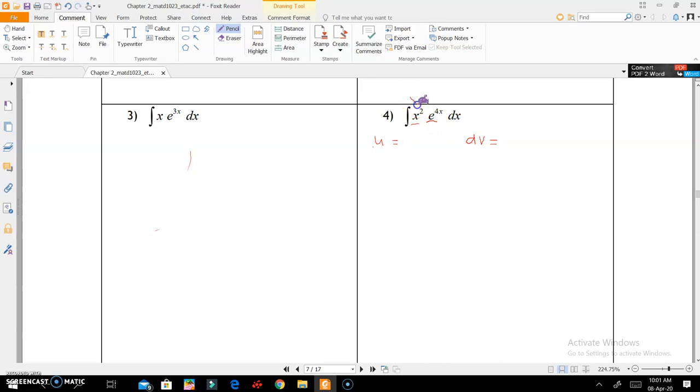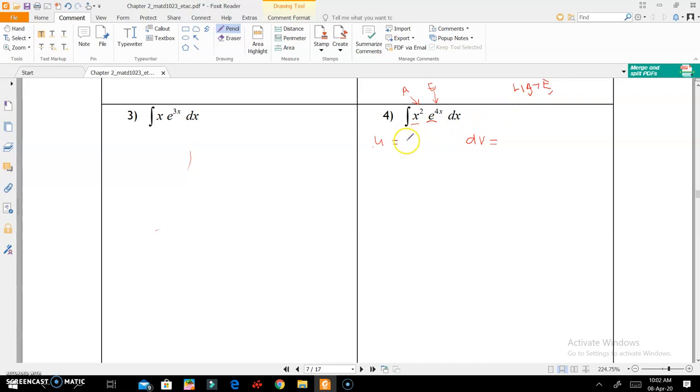So x falls into the category of A, algebra, and the exponent is E. So based on the word LIATE, we can say that A comes first before E.